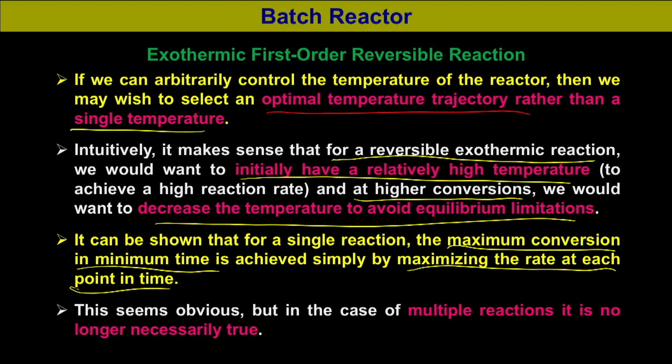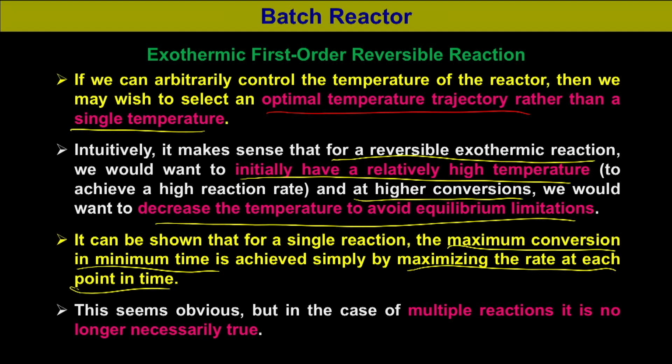In that case, we will optimize the temperature trajectories depending on our requirements. So, it can be shown for a single reaction, the maximum conversion in minimum time can be achieved simply by maximizing the rate at each point of time. This seems obvious, but in case of multiple reactions, it is no longer necessarily true.